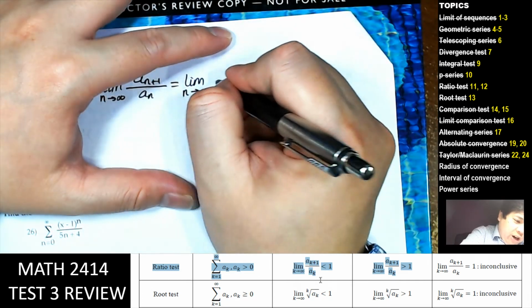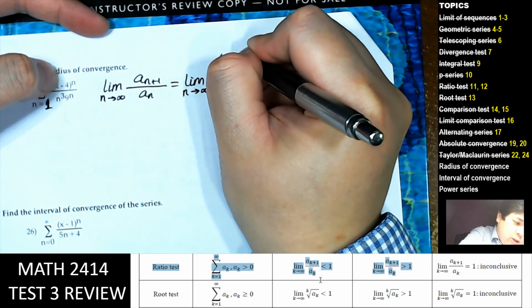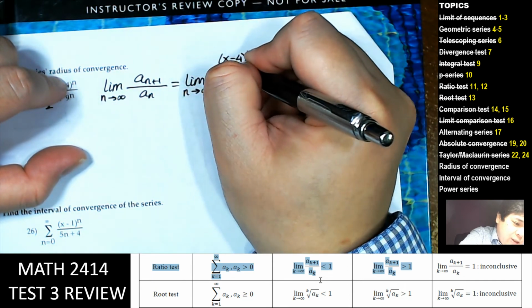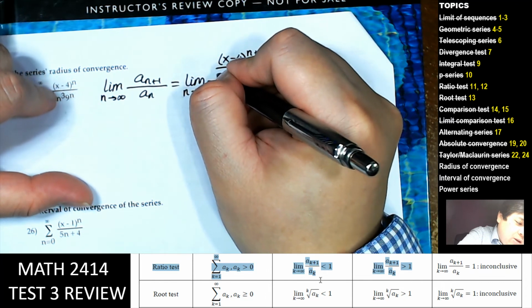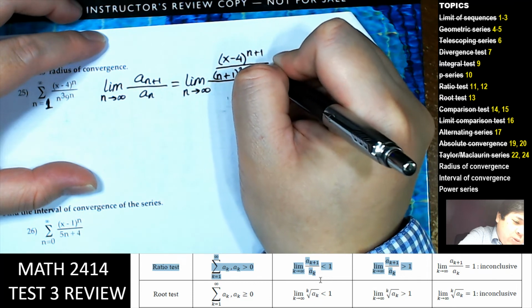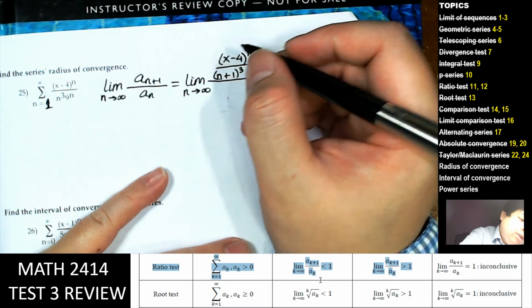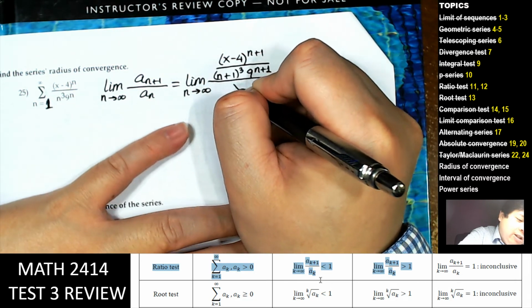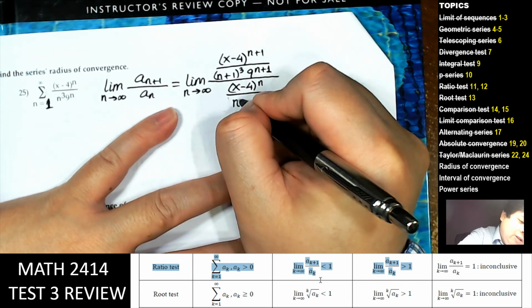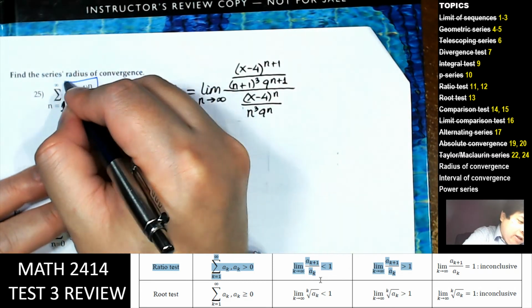I'm just going to use the big fraction in this case. (x minus 4) to the n plus 1, so we put n plus 1 in for n. (n plus 1) cubed, 9 to the n plus 1, over just the term a of n. This is a of n.